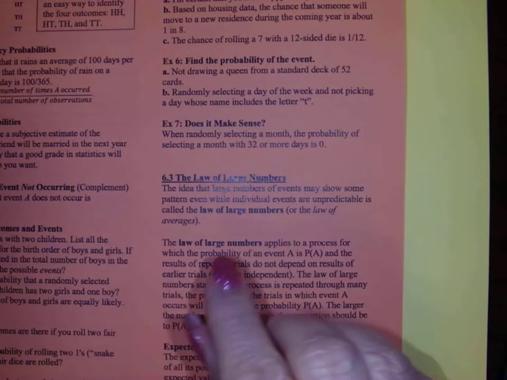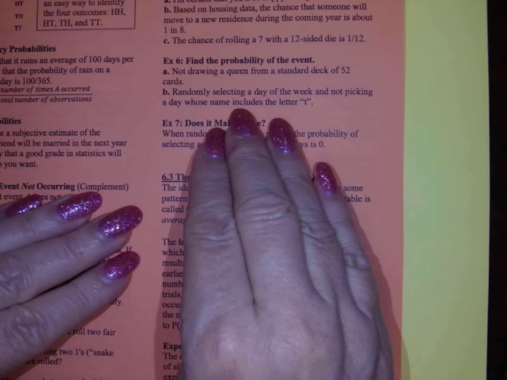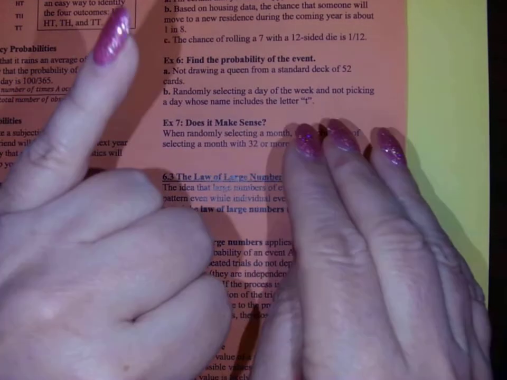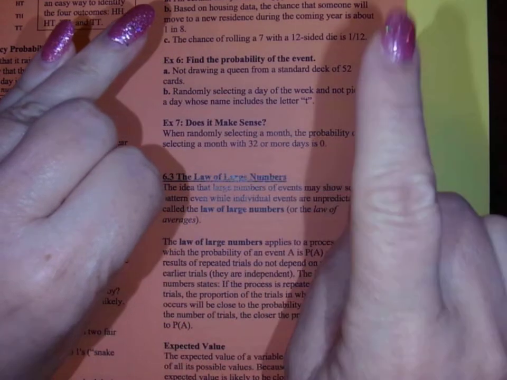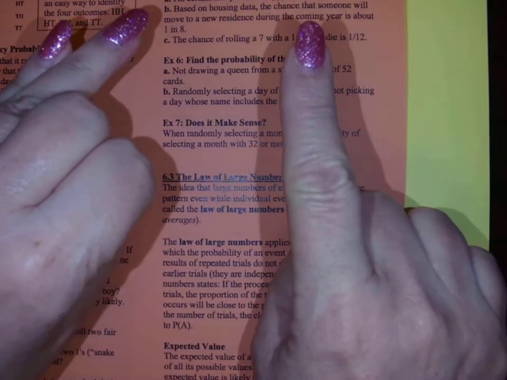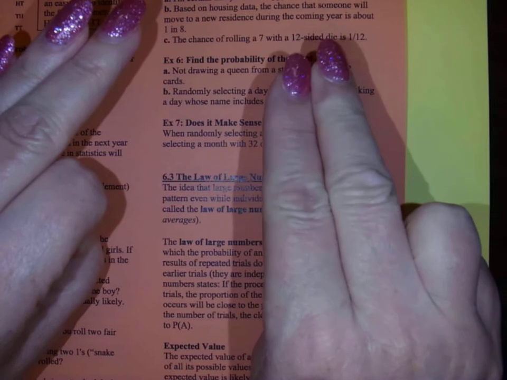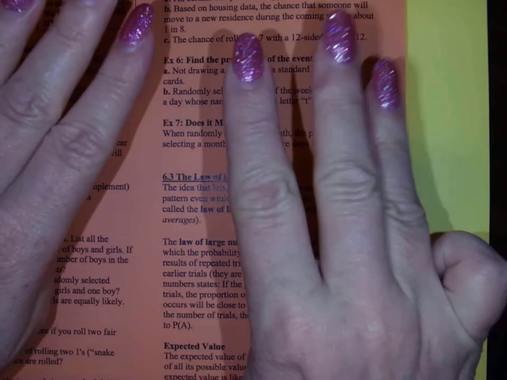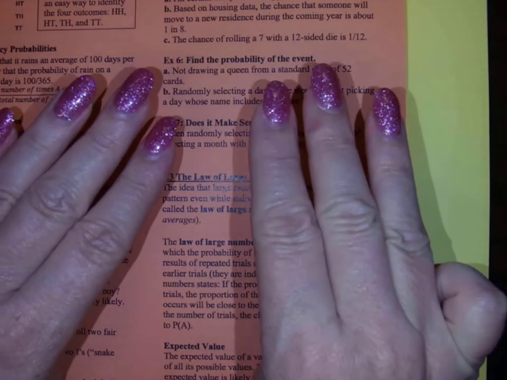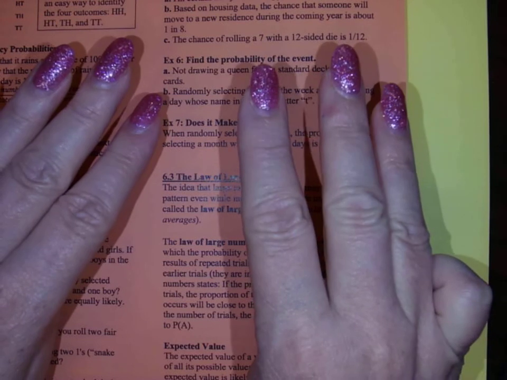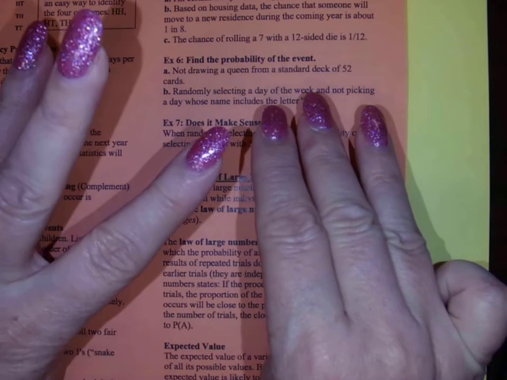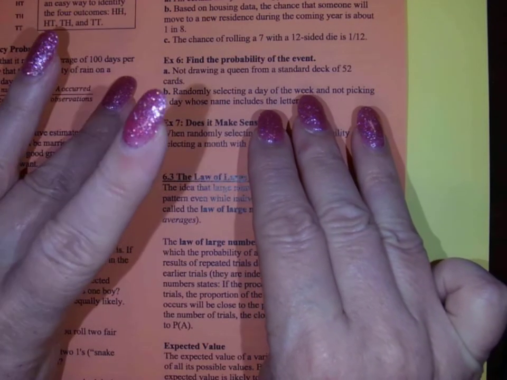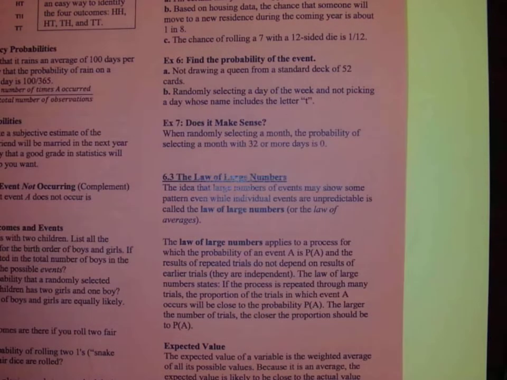Now, how many have a name that includes the letter T? Tuesday has a T, Thursday has a T, and Saturday. There's 3 of them that have a T. But Monday, Wednesday, Friday, and Sunday do not.